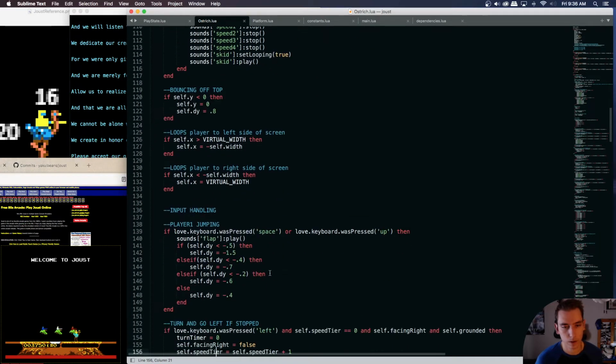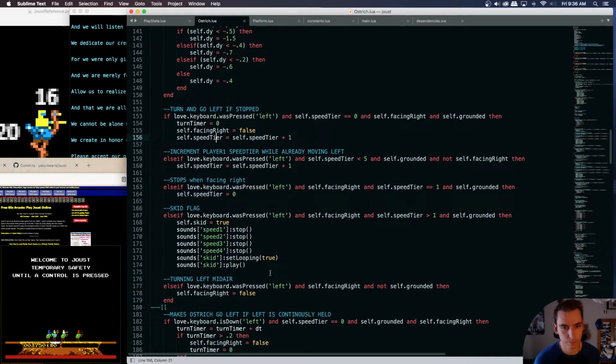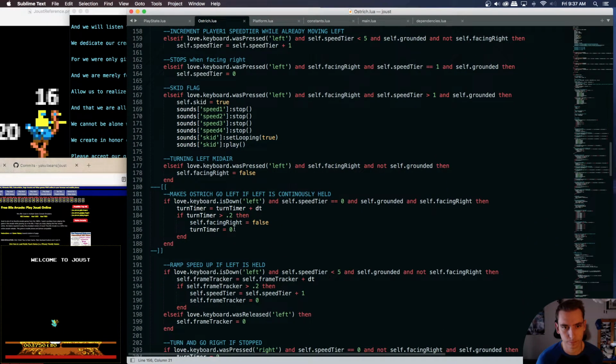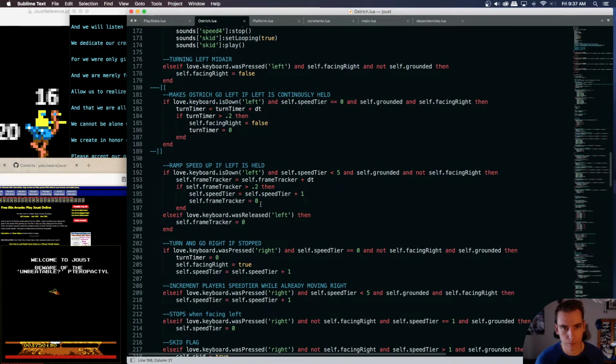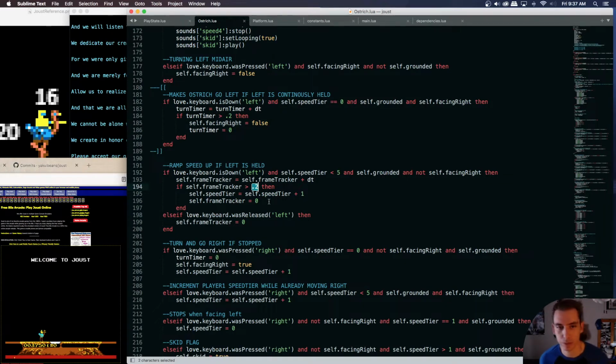So right here, all of our logic for getting to that 1 second top speed tier is based on a value that speedTier 5 is.